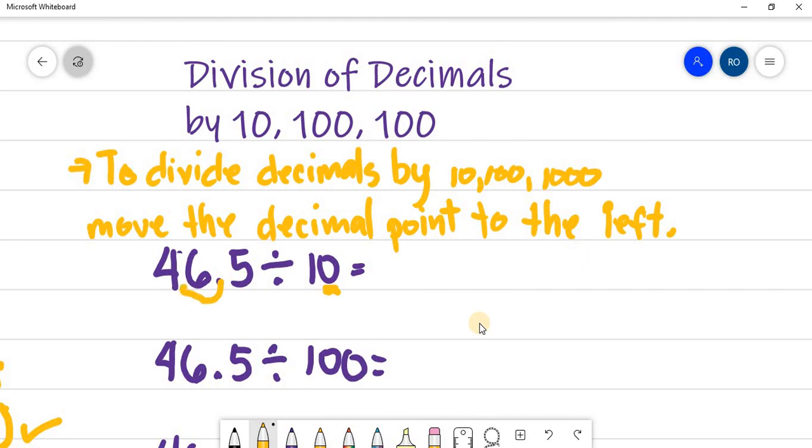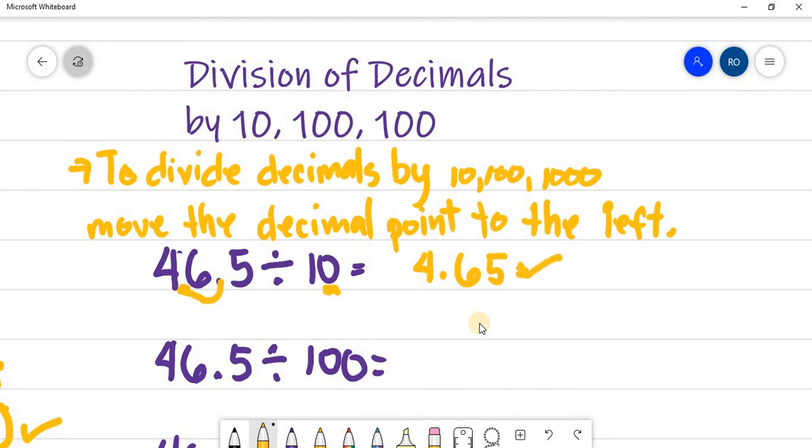So now the decimal point is between 4 and 6. Copy the remaining number 5. So 46.5 divided by 10, the answer is 4.65.